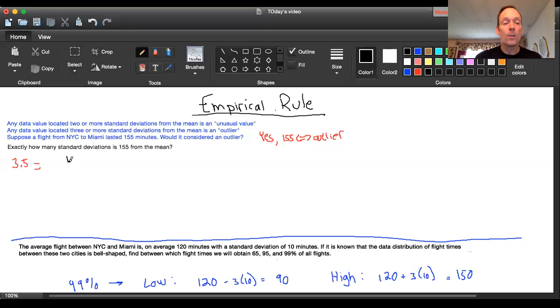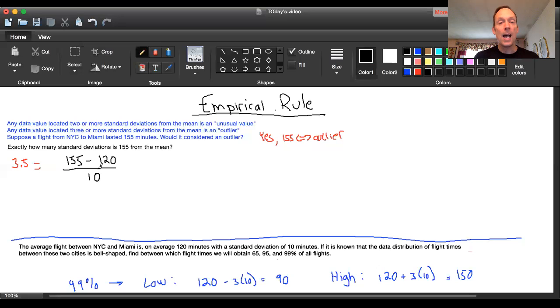We started with 155, and we were saying, how far is 155 from the average? We know from the problem that the average is 120 minutes. So we needed that distance in terms of standard deviation. So we take the difference between 155 and 120, and we divide that by 10. And that's going to give us exactly 3.5.